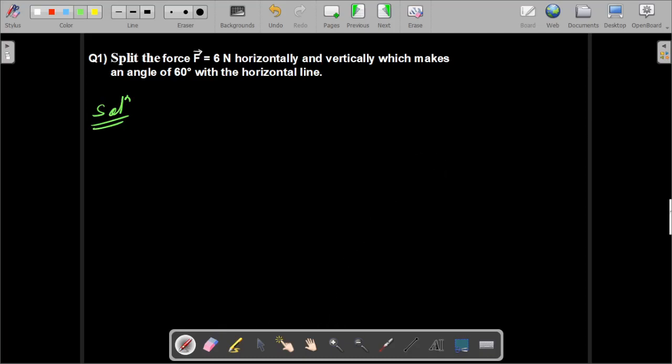That means if we denote the y-axis as the vertical axis and the x-axis as the horizontal axis, this is our x-axis, this is our y-axis, and this is our given force.